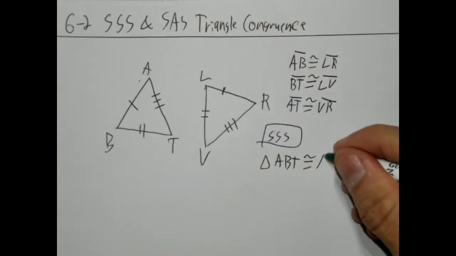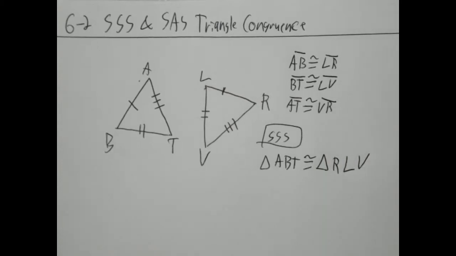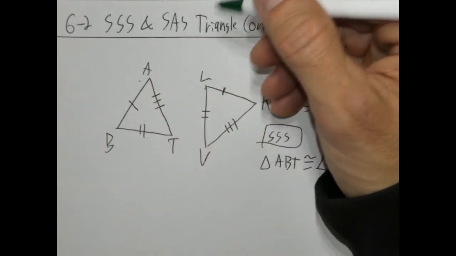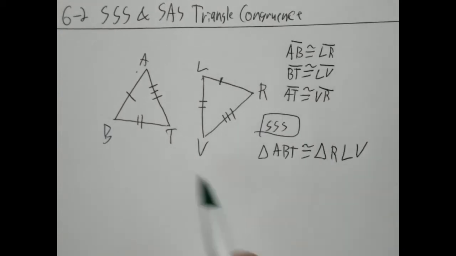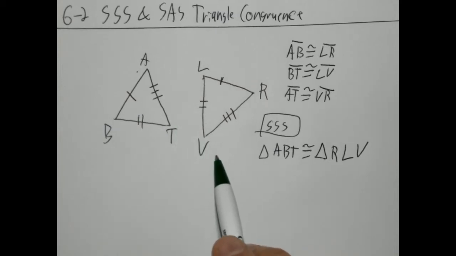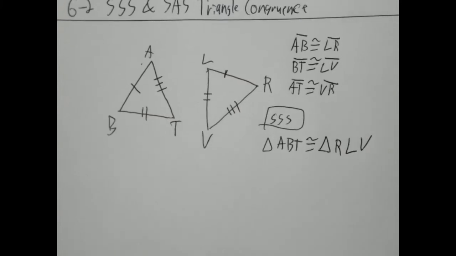So triangle RLV. So that's side-side-side, basically showing that three pairs of corresponding sides are congruent, therefore the two triangles themselves have to be congruent, okay?